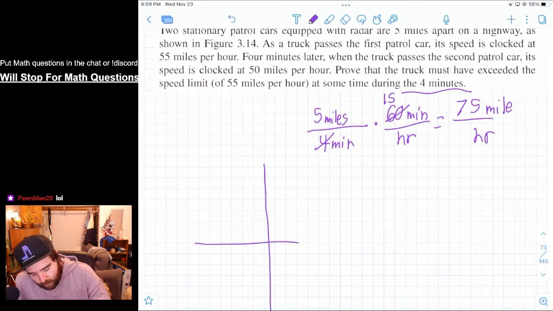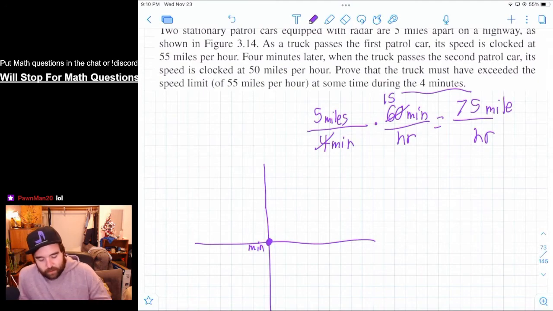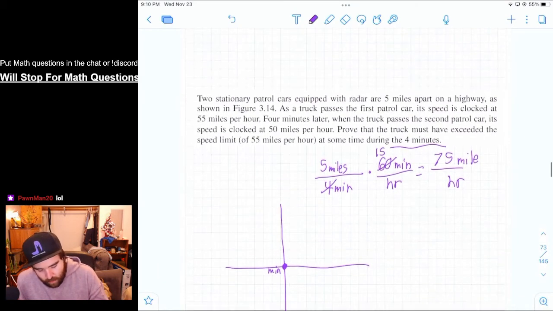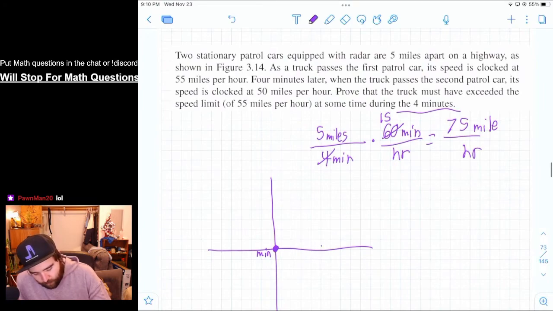We'll say this is minutes. So at minute 0, he's 0 miles from that first cop. And then at minute 4, he's 5 miles from that cop. And so we know that this slope is 75.